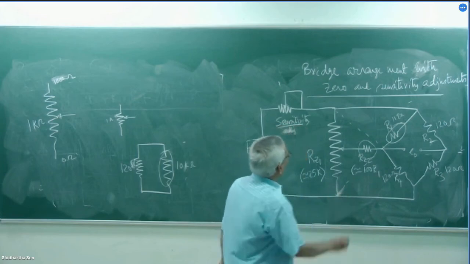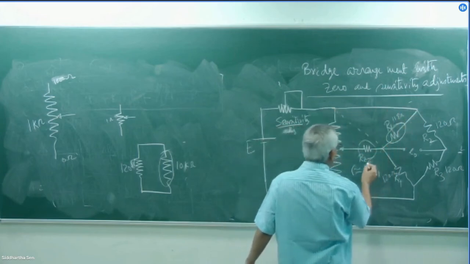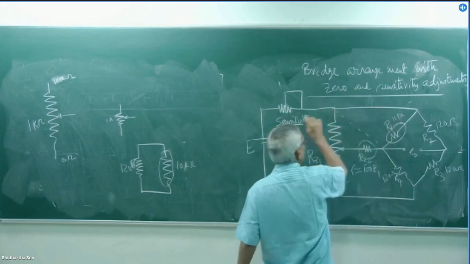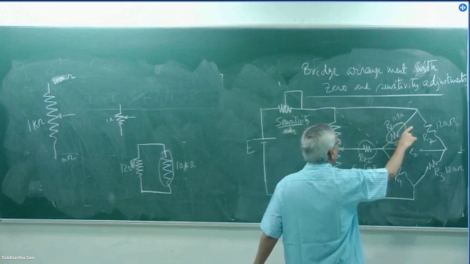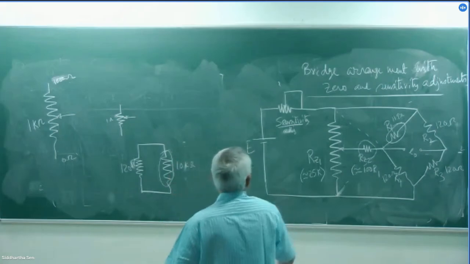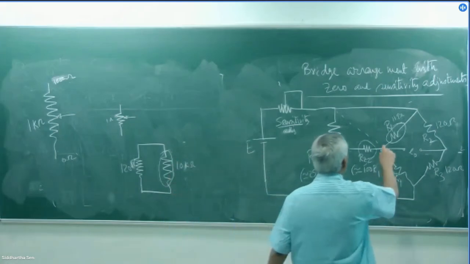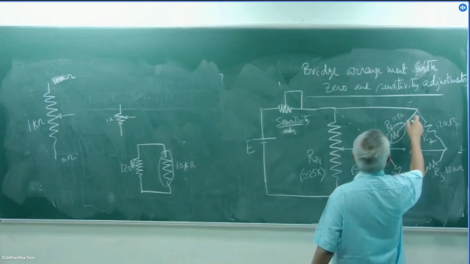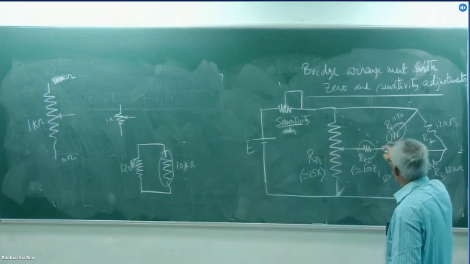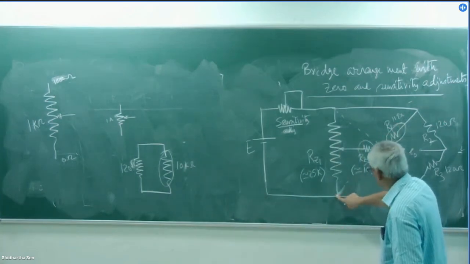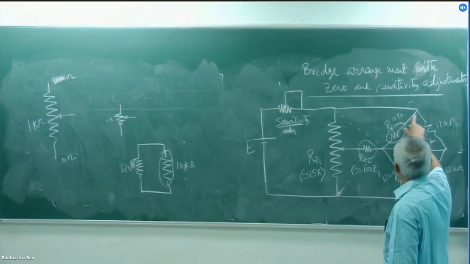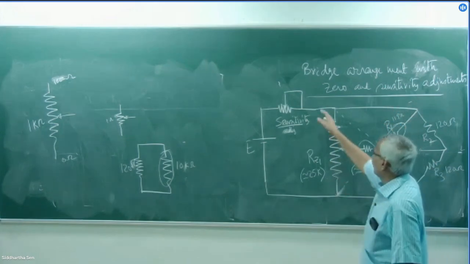So what will happen? The bridge will be directly connected. This RZ2 is not there. The whole voltage E will be coming across the gauge resistance R1. Earlier two resistors in series were across the voltage E, but now if by mistake I connect it to the other end, the bottom end, the whole strain gauge will be connected across the total voltage.